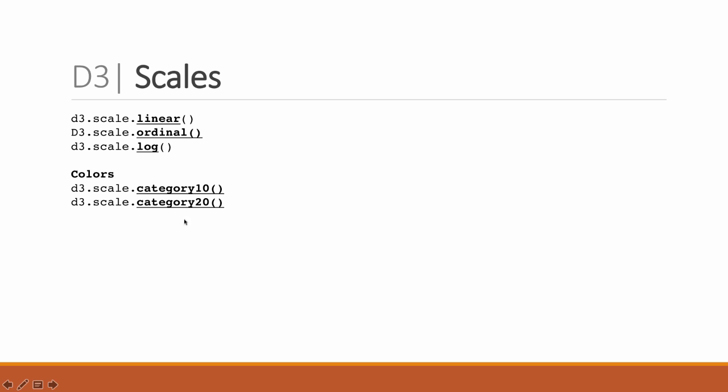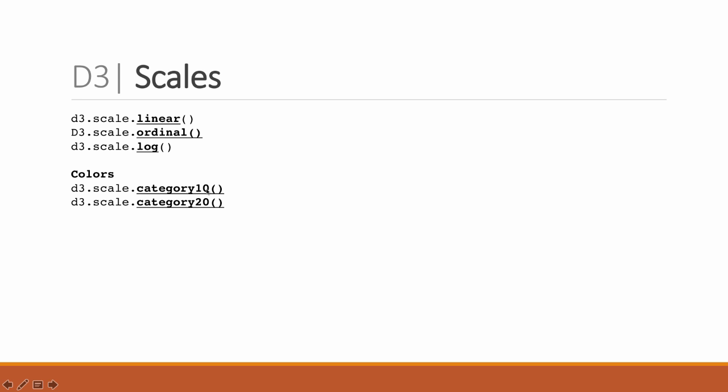These two, and they have others as well, are very helpful because they already provide you some colors based on the Color Brewer project. If you are not concerned about which specific color you are going to use for each thing, and you are just starting your visualization and can deal with the color later, you are just trying to decide if you are going to use color or not, so you can use those.